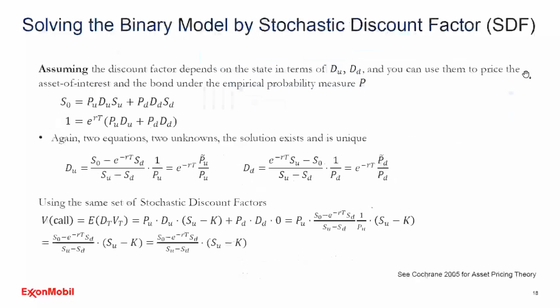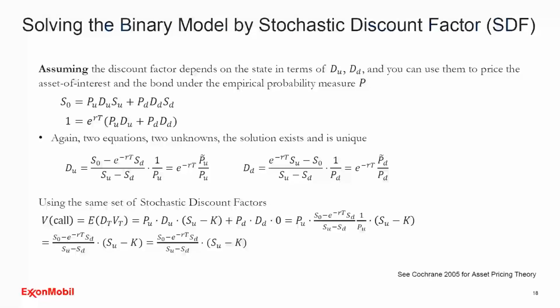But there is also another approach which I personally prefer, and in finance classes it's usually called the pricing kernel or stochastic discount factor. Basically in this model, people say my discount rate is no longer deterministic. It's probabilistic, or stochastic, and the discount factor depends on the state I'm in.